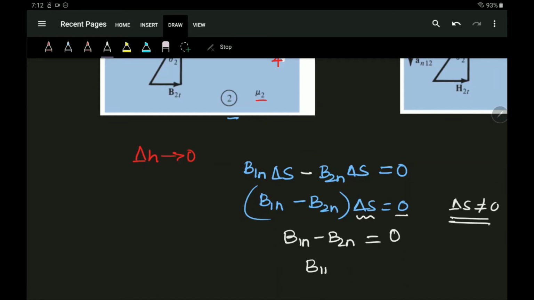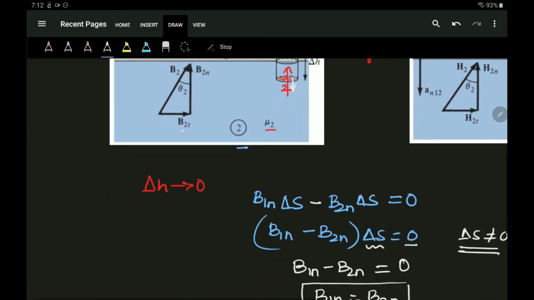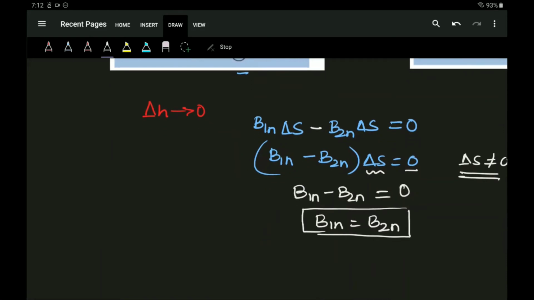In other words, the normal component of the flux is the same across the boundary.